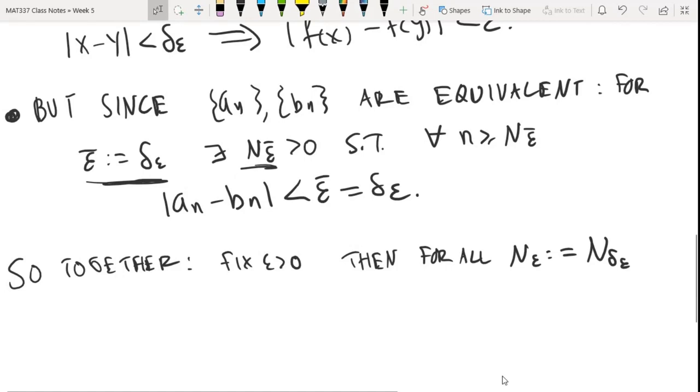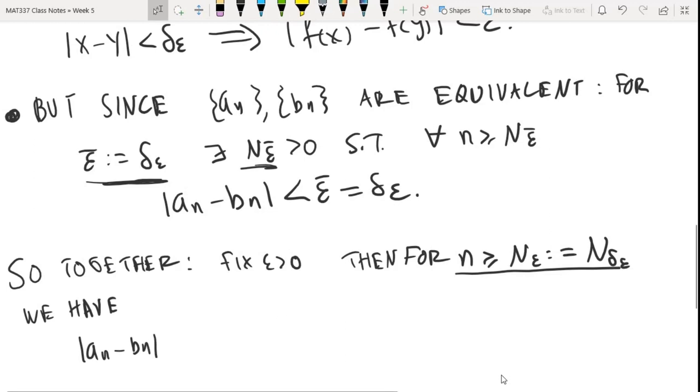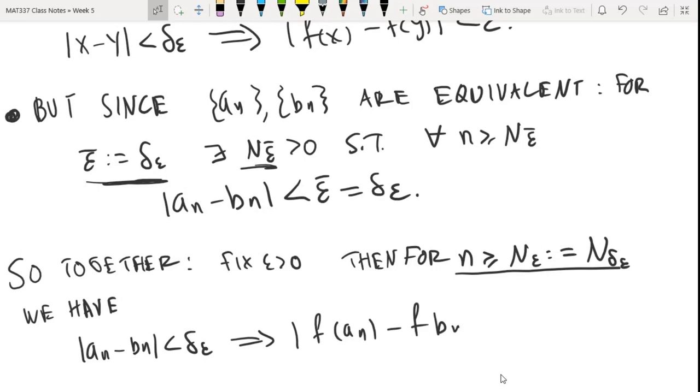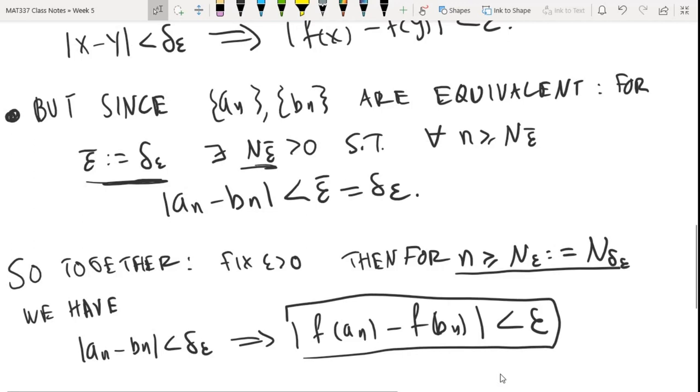Then for n bigger than n epsilon, we have an minus bn is less than delta epsilon, which gives the final result. This is what we wanted. Okay, is that okay?